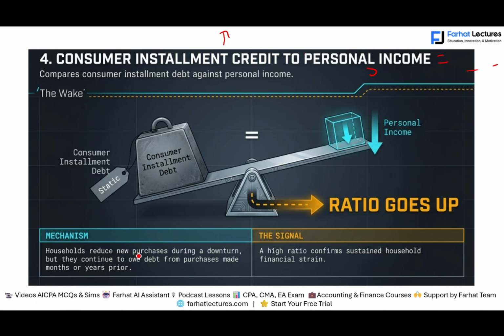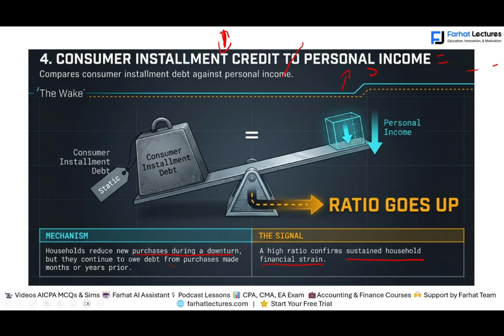So households reduce new purchases during a downturn, but they continue to owe debt from purchases made in prior periods. So a high ratio confirms sustained household financial strain. Again, what does a lower ratio mean? A low ratio means either you have more personal income or you are paying off your debt, lowering consumer debt relative to personal income. So you want to know whether it's higher or lower. When it goes up, it's bad.